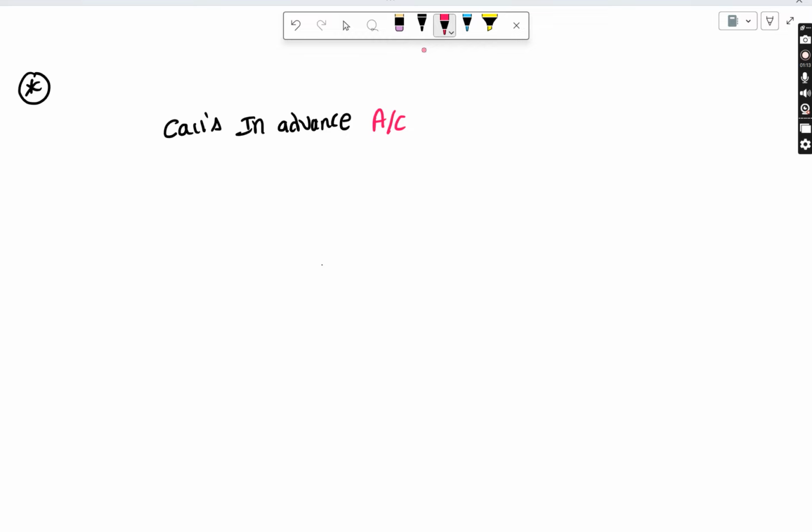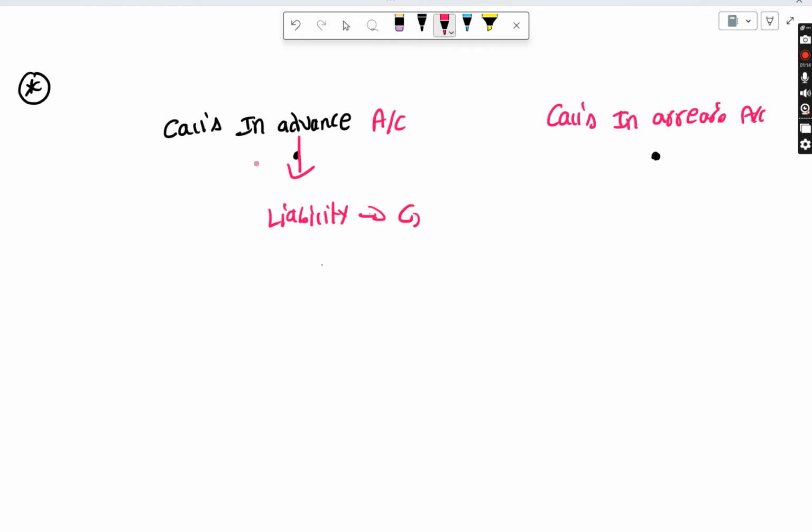Whenever we did not receive the money, while writing the receipt entry, we will create one more dummy account called calls in arrears account. When do you create these, while writing the due entry or the receipt entry? While writing the receipt entry. So this is a liability.